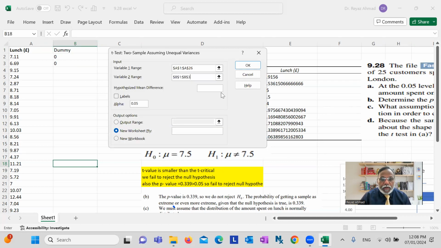Now I will be filling up this one. This one will be the value of the mean that is given in the question. You will be just copying that down over here, right? 7.5. You'll be putting here 7.5.